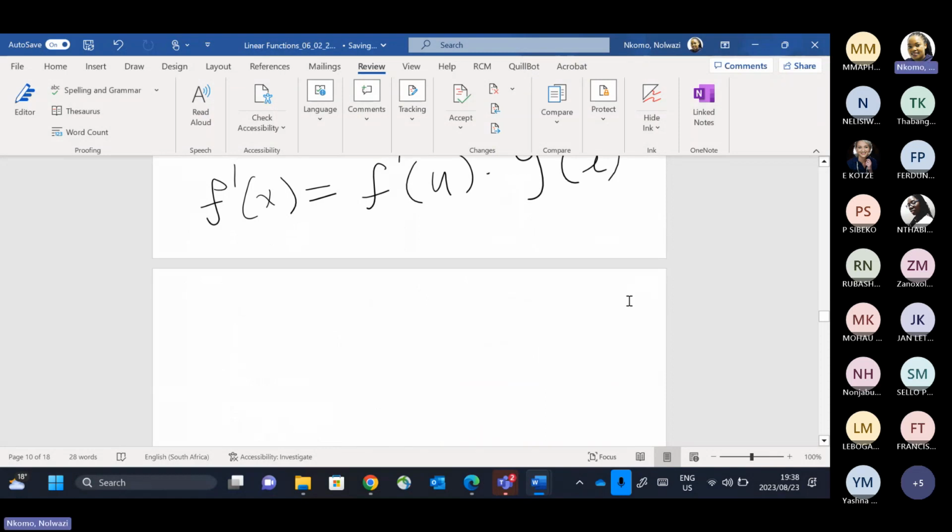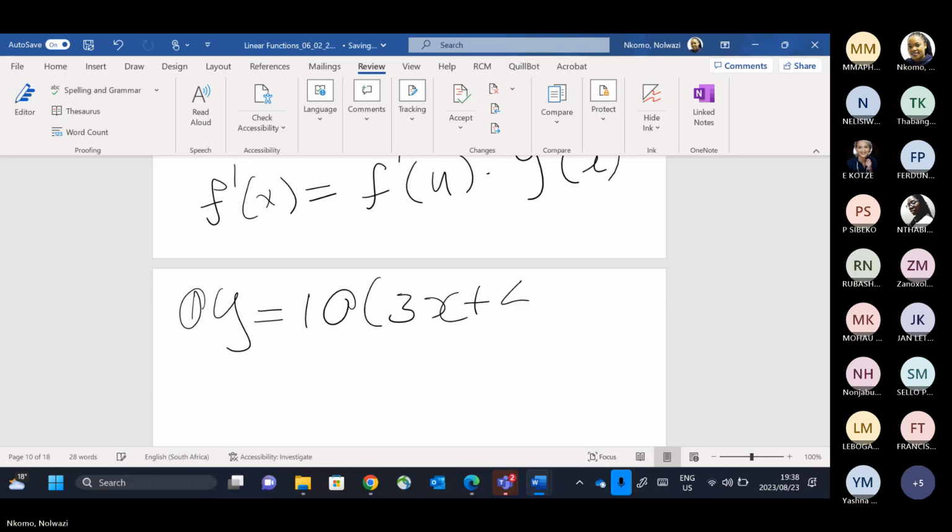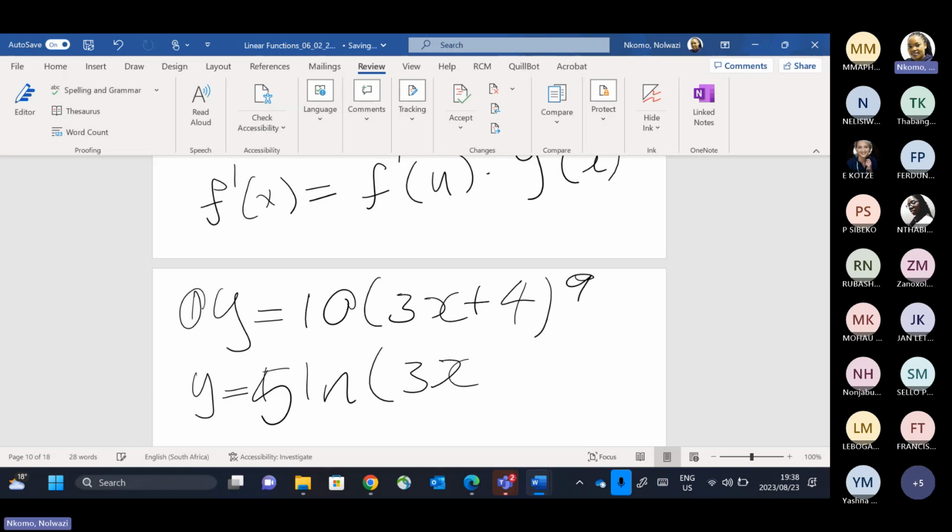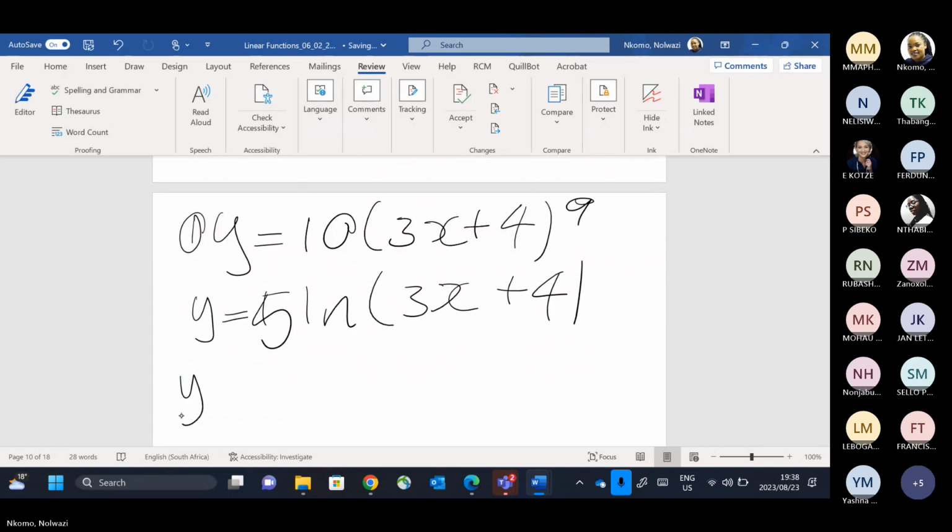If we don't, in your spare time, please find the derivative of this function: y equals 10 times (3x plus 4) to the power 9; y equals 5 ln(3x plus 4); and y equals 5e to the power 3x plus 4.